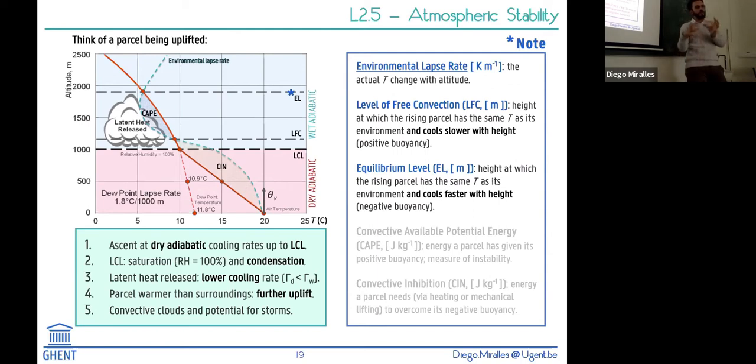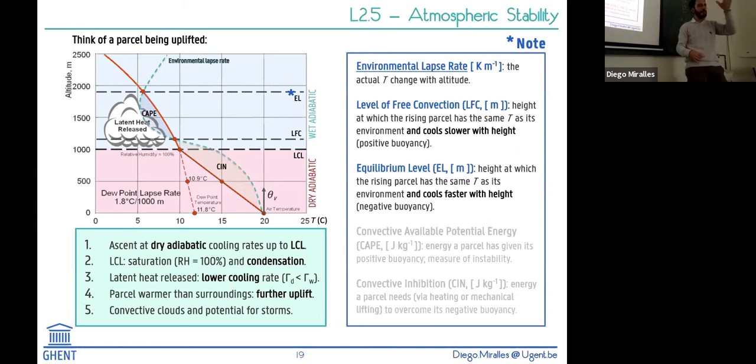So when we think about whether the atmosphere is stable or unstable, we have to think of whether that parcel that is going to move through the dry adiabatic lapse rate is going to find itself surrounded by air that is lighter or warmer, or denser or heavier. So whether it's warmer or colder in terms of potential temperatures.